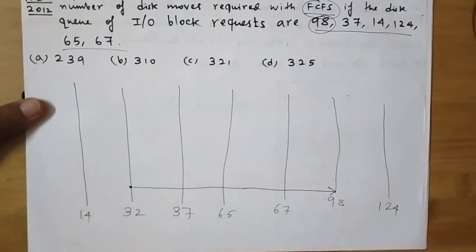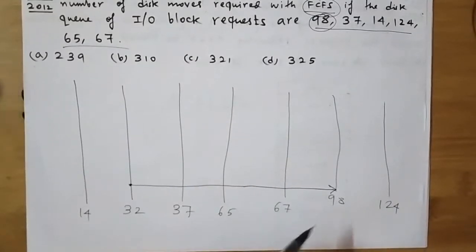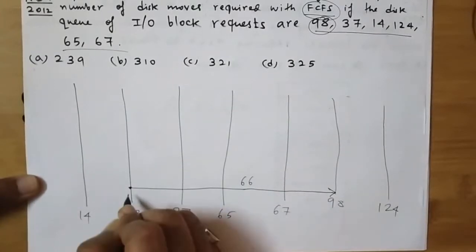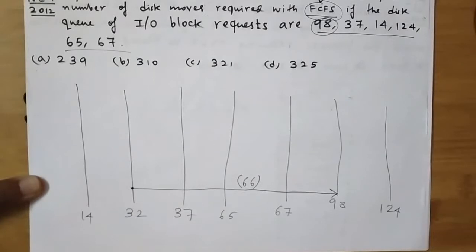How many disk blocks are we moving? We simply subtract 32 from 98, which gives 66. So in moving from 32 to 98, the disk head covered 66 blocks.